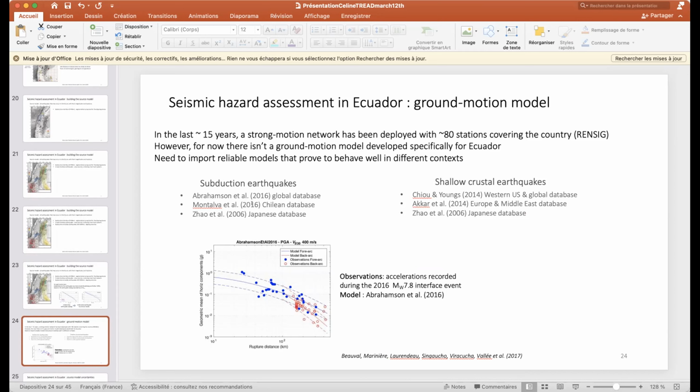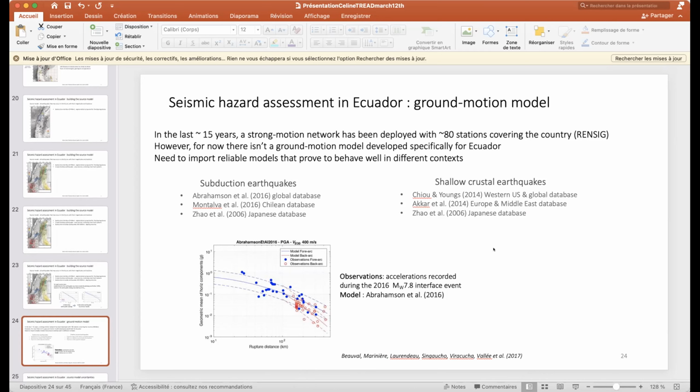And we compared the predictions of these models on this figure with the recordings from the 2016 7.8 subduction event that struck the northern coast of Ecuador. As shown on this figure, acceleration versus distance to the rupture plane, at least for this event and its 2 largest aftershocks, the models were satisfactorily predicting the recorded amplitudes.